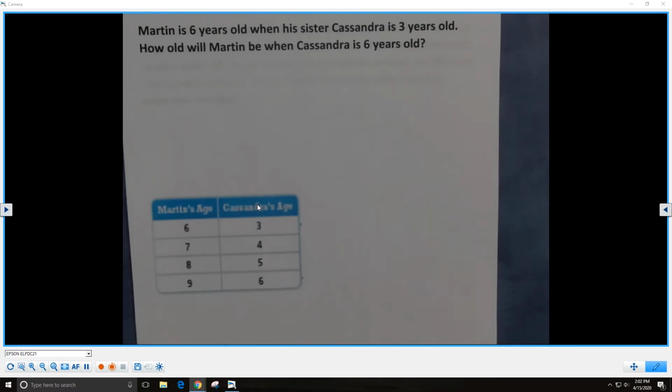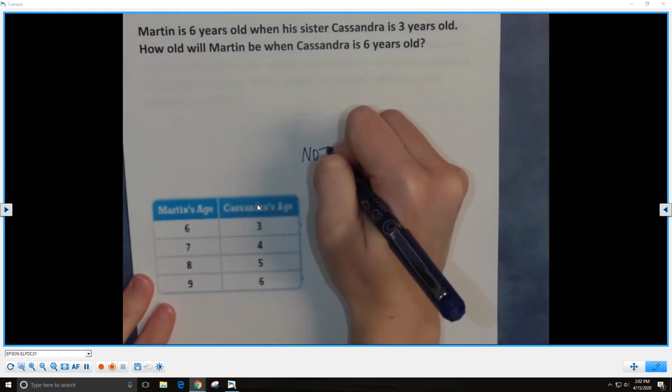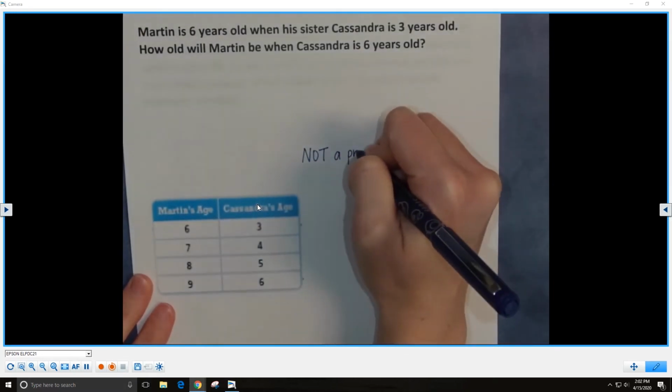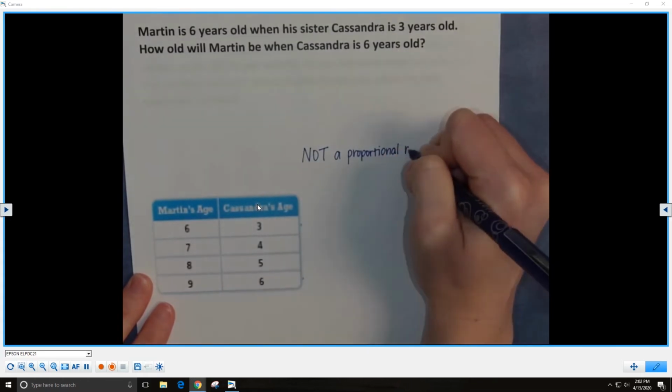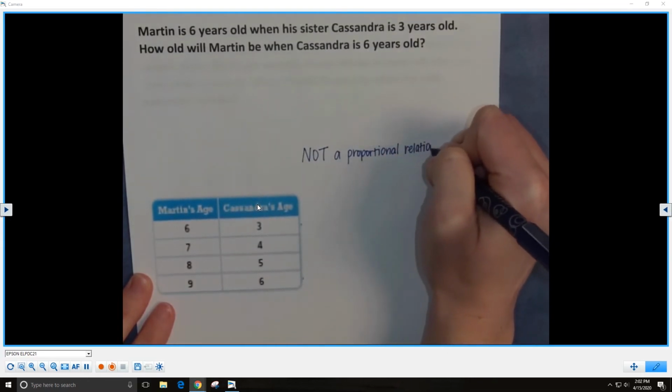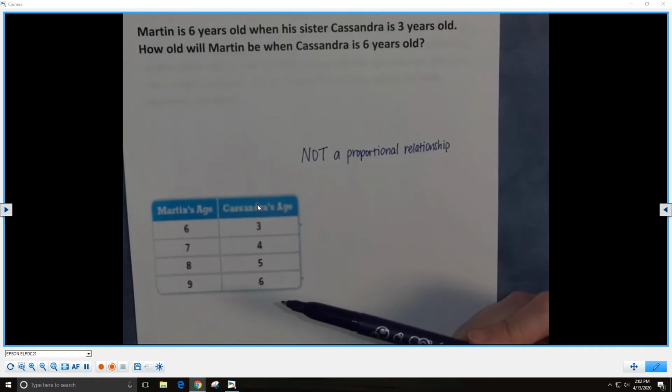So this one does not represent a proportional relationship. If you think through proportional reasoning and looking for a constant multiple, there is no constant multiple in this one, so we can't apply proportional reasoning.